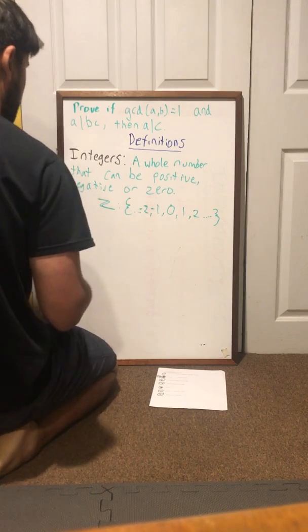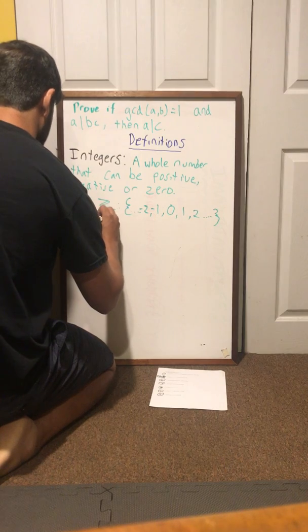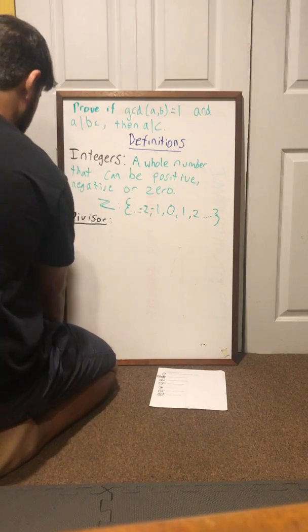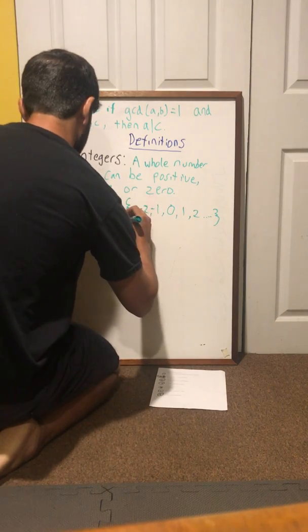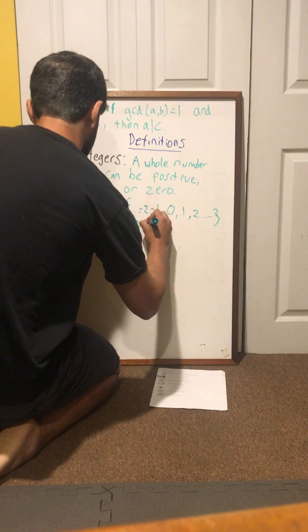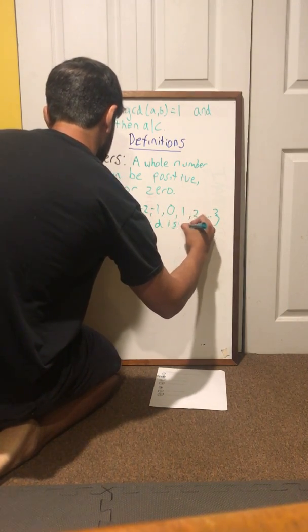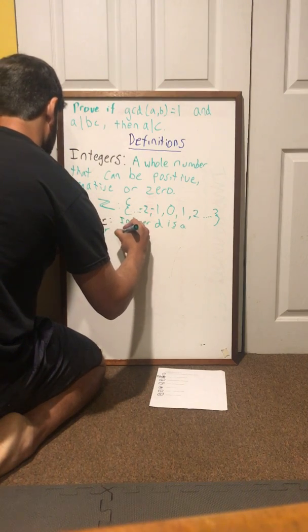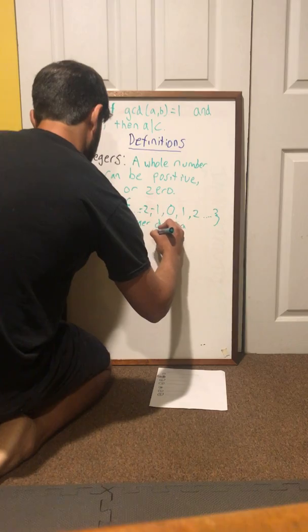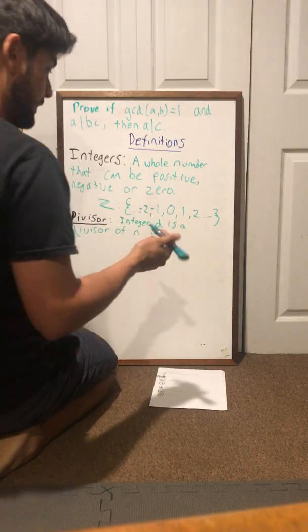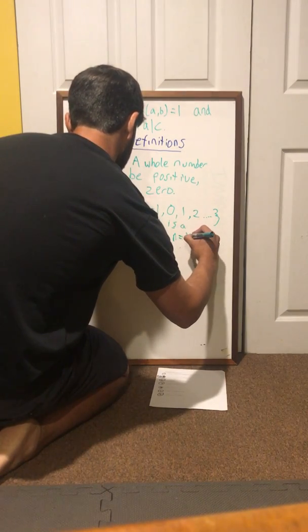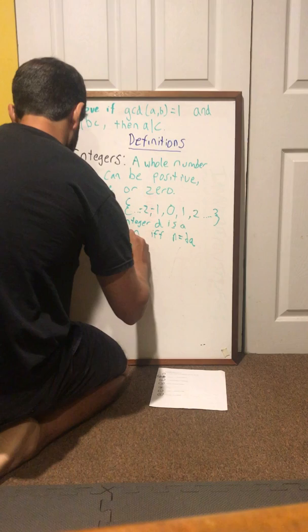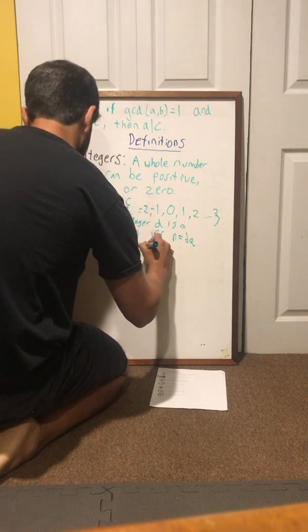Next we'll do the divisor. Okay, so when we're explaining the definition of a divisor, we're going to say integer d is a divisor of n if and only if n equals dq for some integer q.